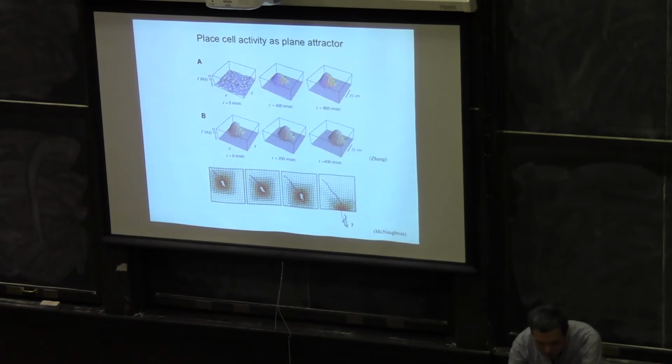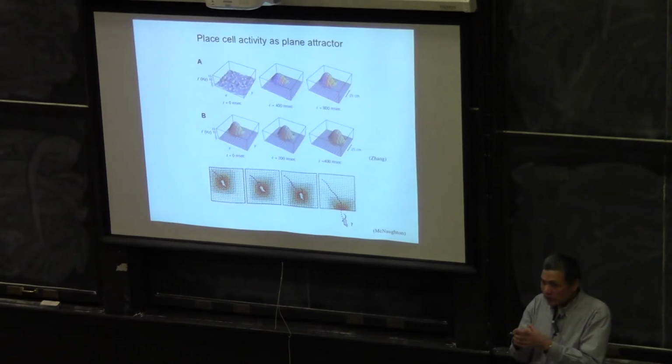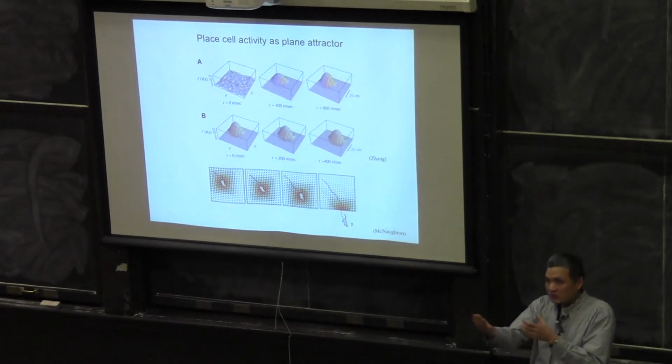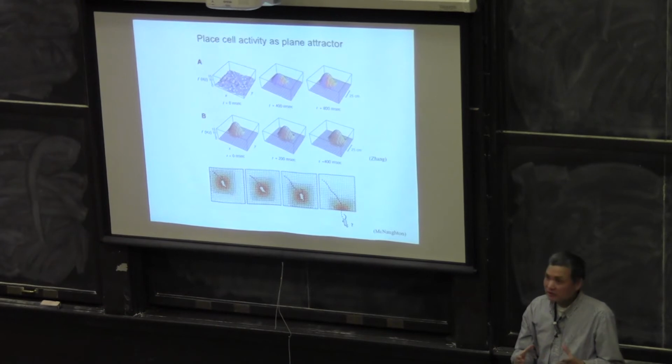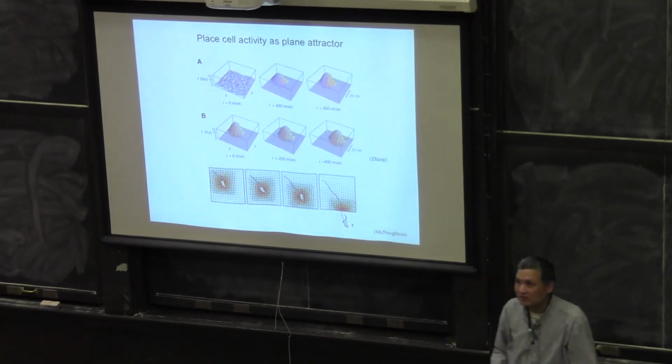When the animal moves, that activity bump will move with the animal. This is similar to using the ring to represent all possible directions, but here you have a two-dimensional simulator in the hippocampus that represents the animal's current location. When the animal moves, you simulate what happens.